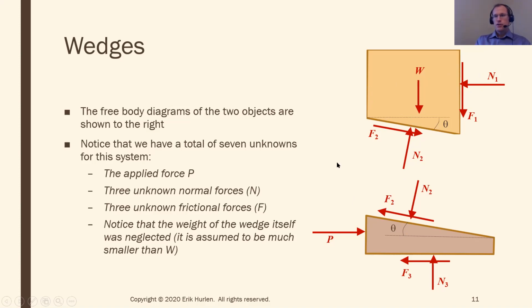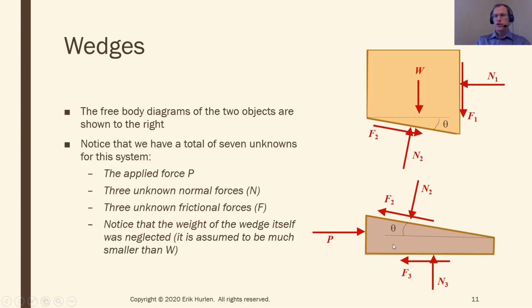So it could have up to 7 unknowns in this scenario. I have this possibly unknown applied force P. So I might be trying to find how much force I need to actually push this wedge up. And then I have 3 unknown normal forces, N1, N2, and N3, and 3 unknown frictional forces, F1, F2, and F3.